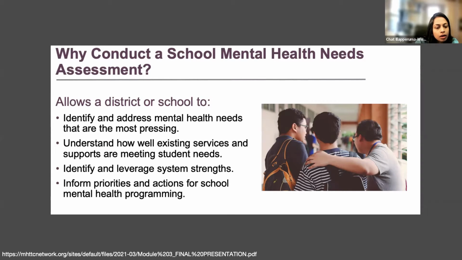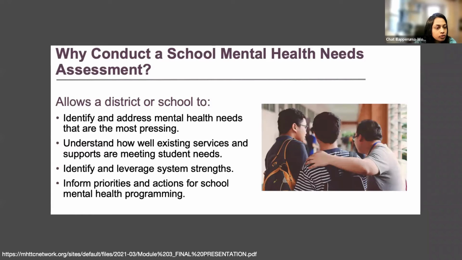Now, a needs assessment can also inform a team how existing resources are meeting a student's mental health needs. It can also help a school identify their most pressing mental health concerns. For example, a school whose biggest concern is academic stress and anxiety will most likely benefit from different services and supports compared to a school whose main concerns are trauma and depression.